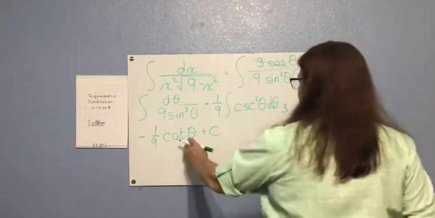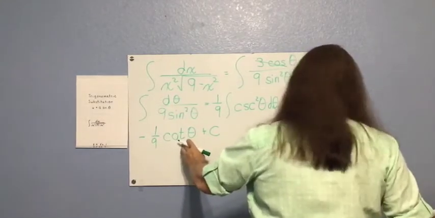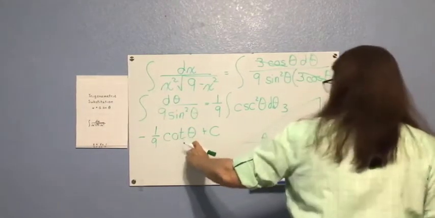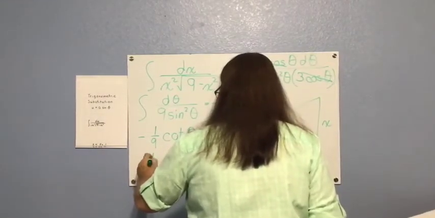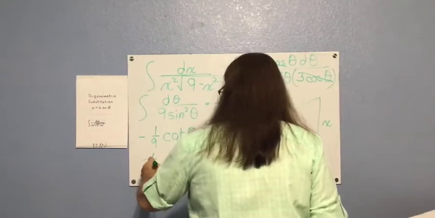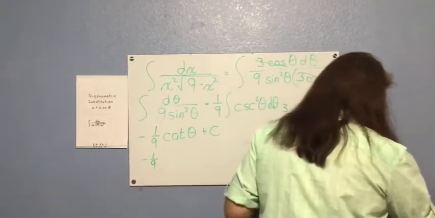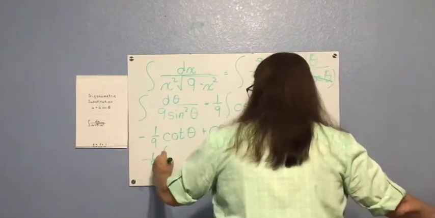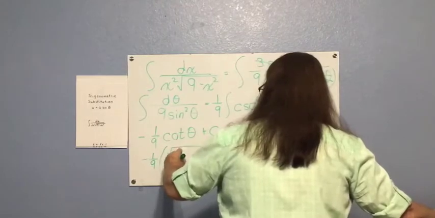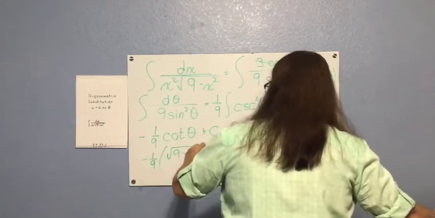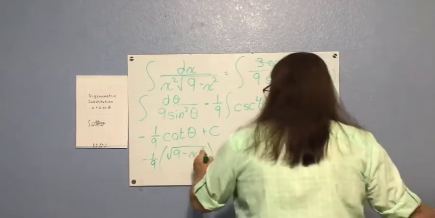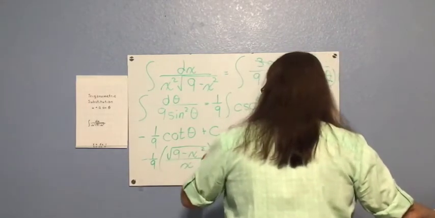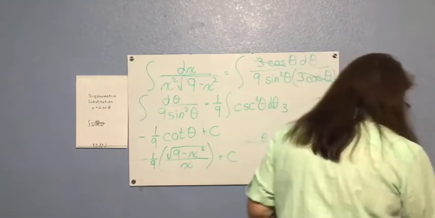Okay, and we know cotangent is cosine over sine. So when I change back to my original, I'm going to have the square root of 9 minus x squared over x plus a constant.